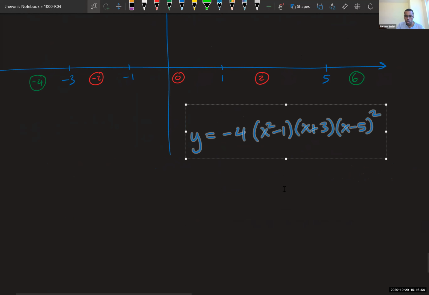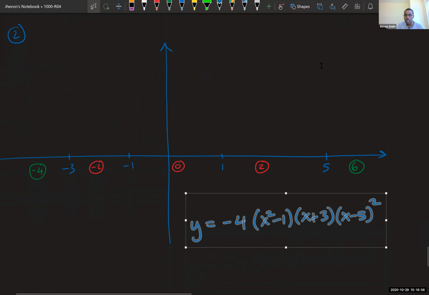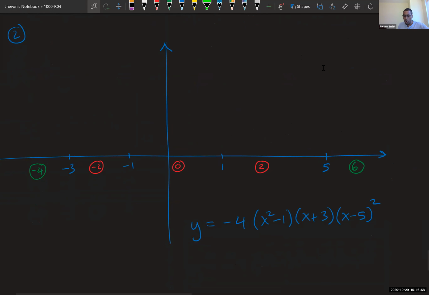And basically, what you care about is the sign, okay? So I know that the 4 is always going to be a negative influence, and the x minus 5 squared is always going to be a positive power. So now I just have to figure out what are the signs of the other two. So notice that if I were to plug in -4, this would be positive, and that would be negative.